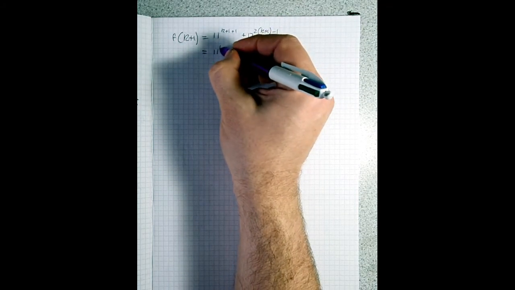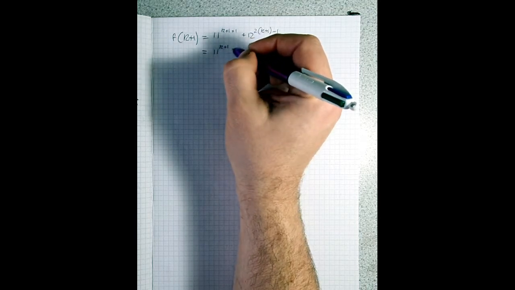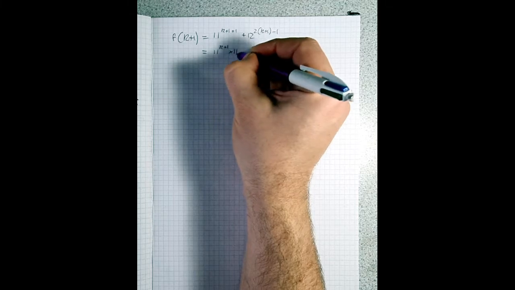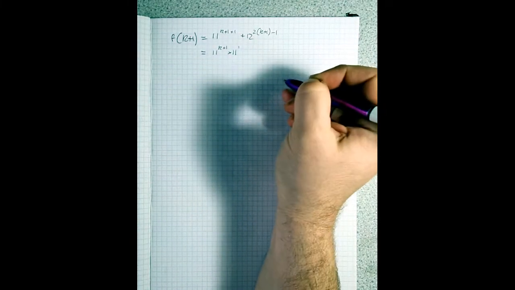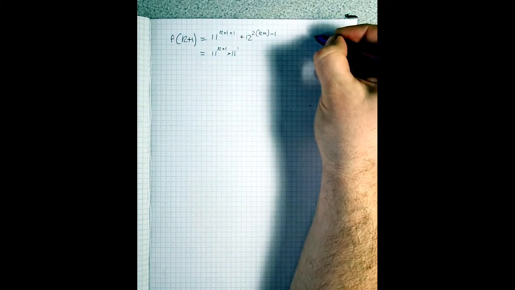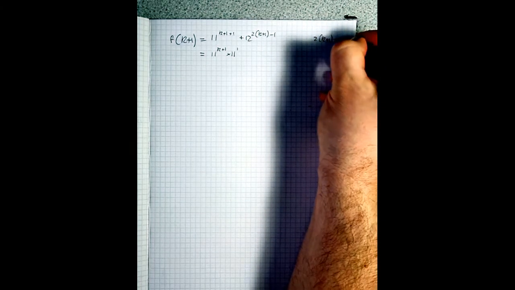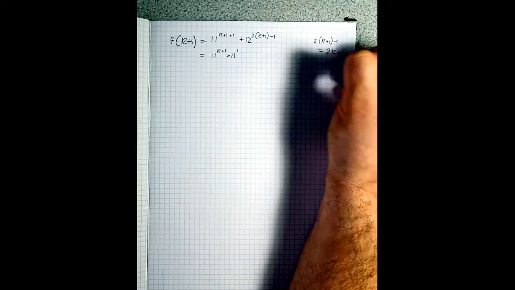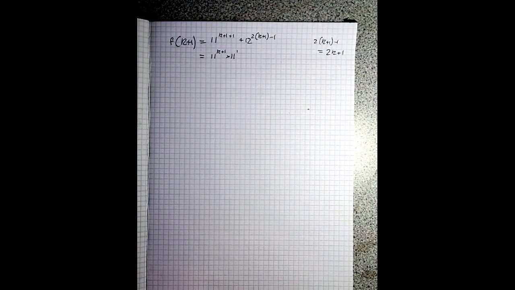In fact, I'm going to leave that as it is because remember what I want is to take out my f of k. So I'm going to write it like that. 2 to the k plus 1 minus 1. Well, that's just 2k plus 1, isn't it?